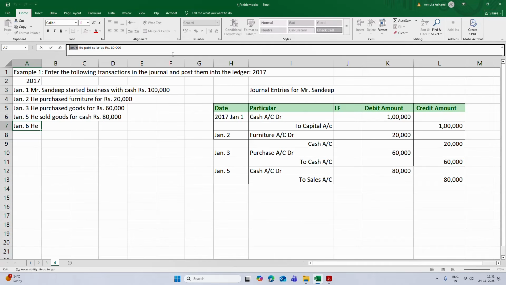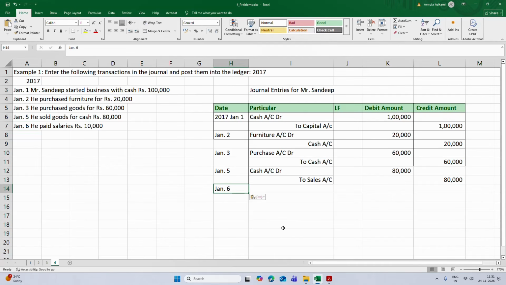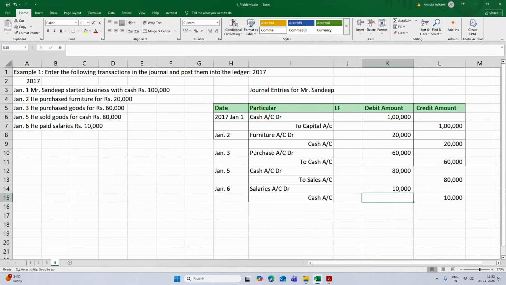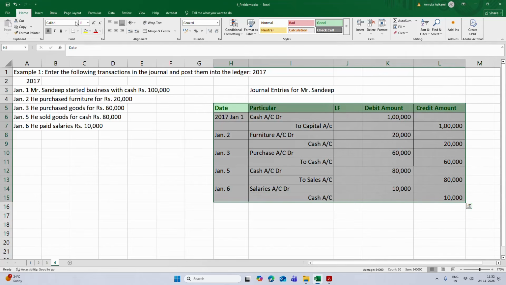On January 6, he paid the salaries of rupees 10,000. So salary account will be debited and cash account will be credited. So we are done with our journal entries. So there are in all 5 journal entries.